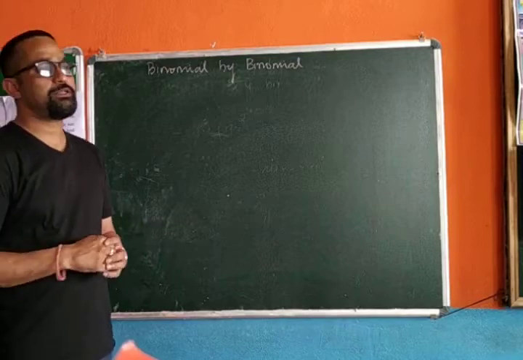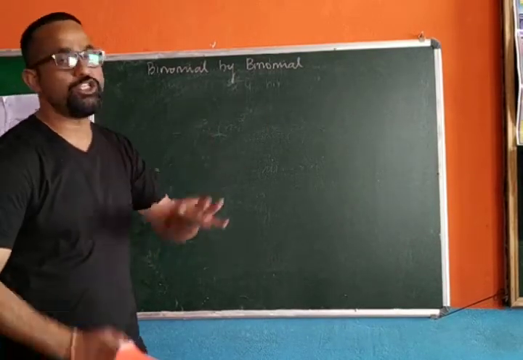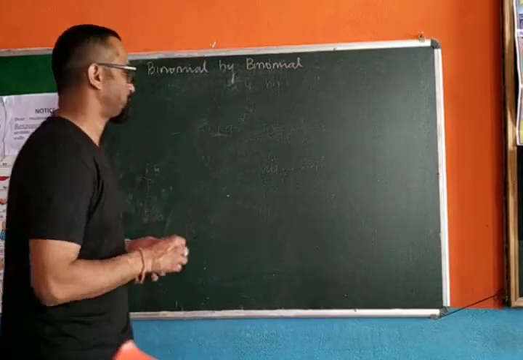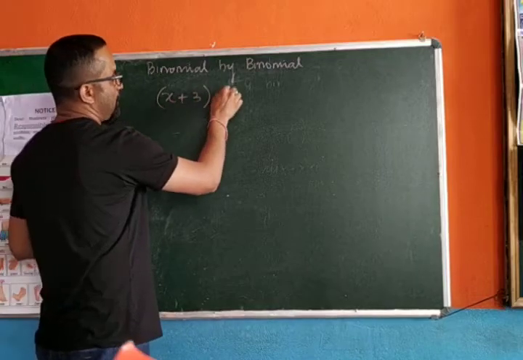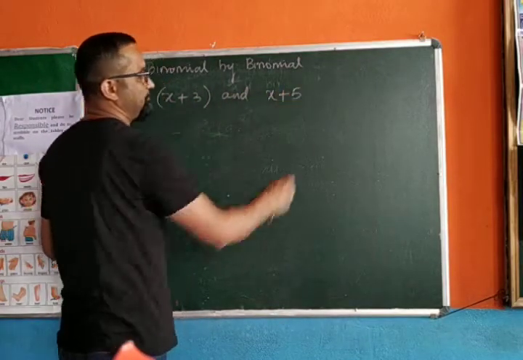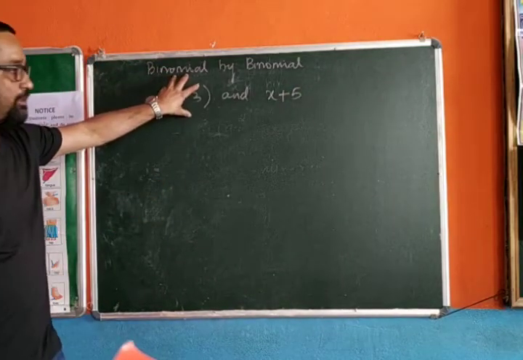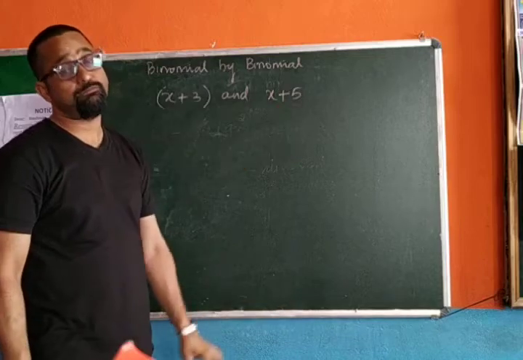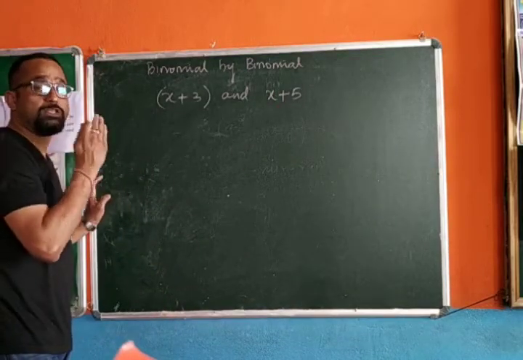And personally, I'll tell you, row method is easier. I'll be teaching you both methods. X plus 3 and x plus 5. You need to multiply this. Binomial multiplies with binomial. Look at the row multiplication.